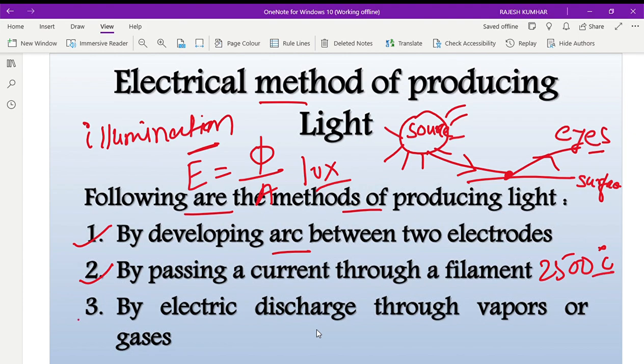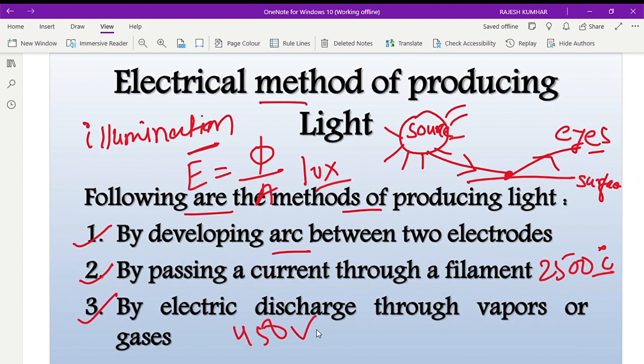Third method is by electric discharge through vapors or gases. An electric discharge lamp requires a high voltage at starting and a low voltage during operation.